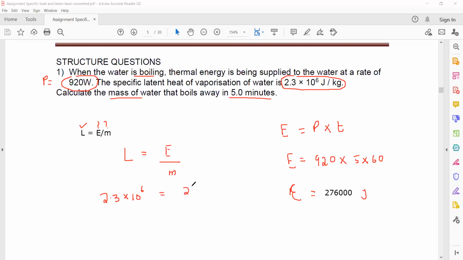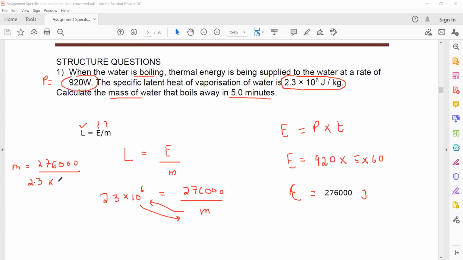Energy is given, 276,000, and we need the mass. If the mass is divided on one side, on the other side it will be multiplied, so we cross multiply these two values. So what will be M? M is equal to 276,000 divided by 2.3 exponent 6.